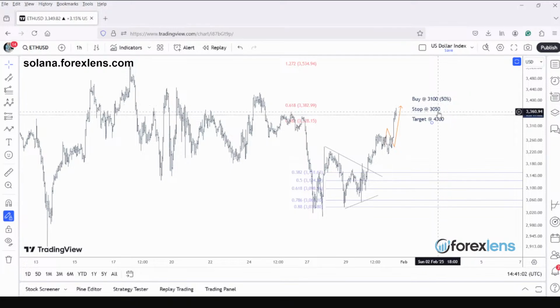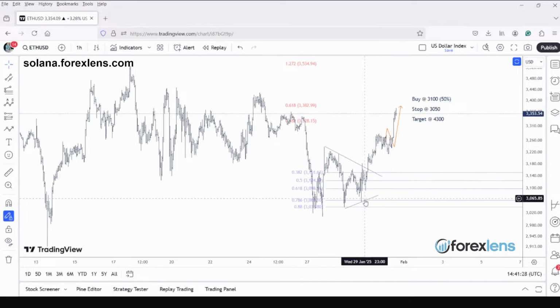I think it's okay, you can still remain at 3050. But if you're not wanting to book your profits at all, then you've got to move your stop loss from 3050 to 3200. So I repeat, either take your profits and wait for another signal where we try to buy again. If you don't want to do that, move your stop loss at least from 3050 and put it to 3200, please.